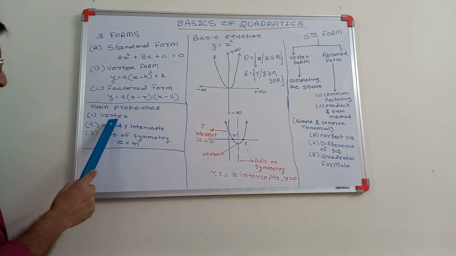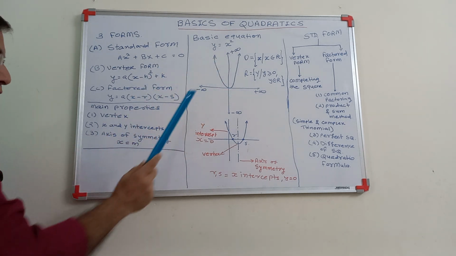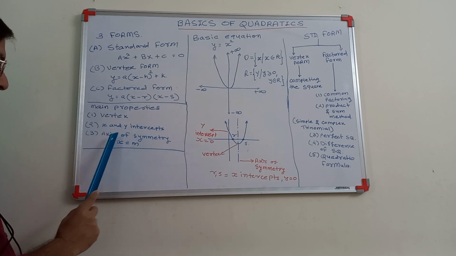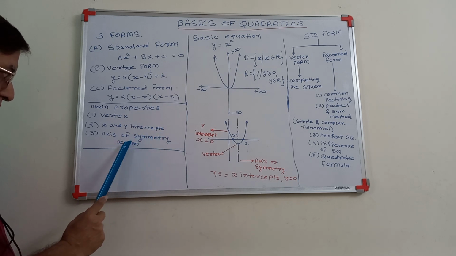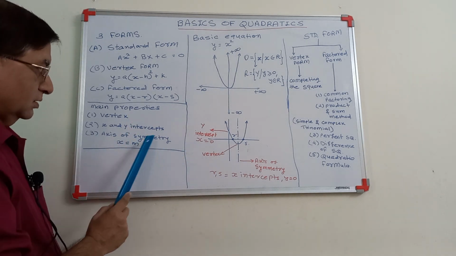Now there are three main properties of the quadratic equation, the parabola. One is the vertex, second is the x and y intercepts, and third is the axis of symmetry. And you can see the equation of the axis of symmetry is x is equal to m. Now what are these?